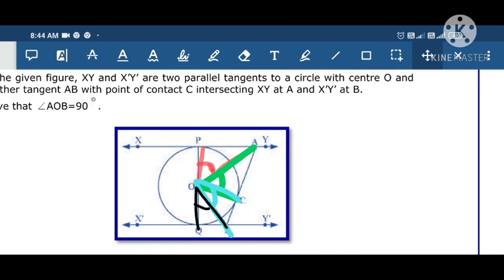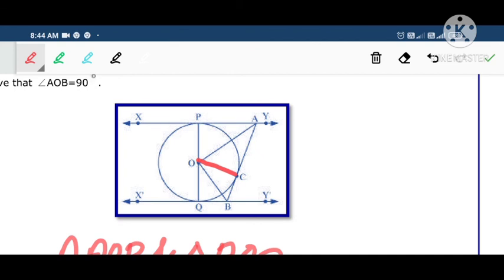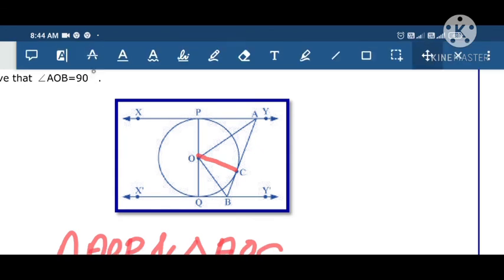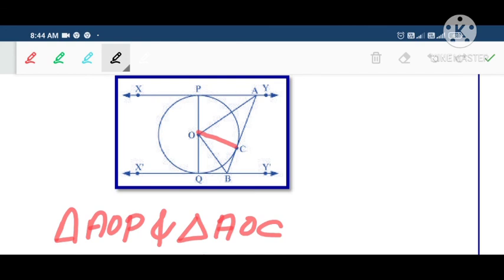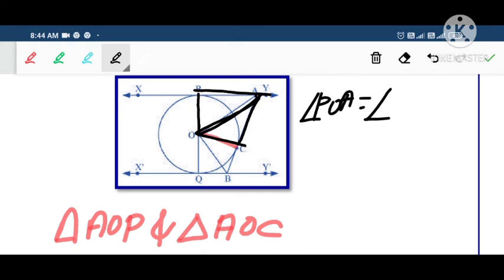Already you know that two triangles are congruent. Congruent means that the angles are also equal. So angle POA is equal to angle AOC.